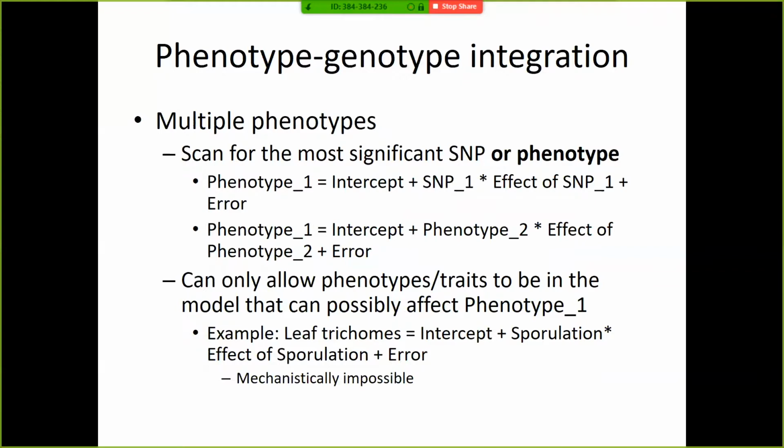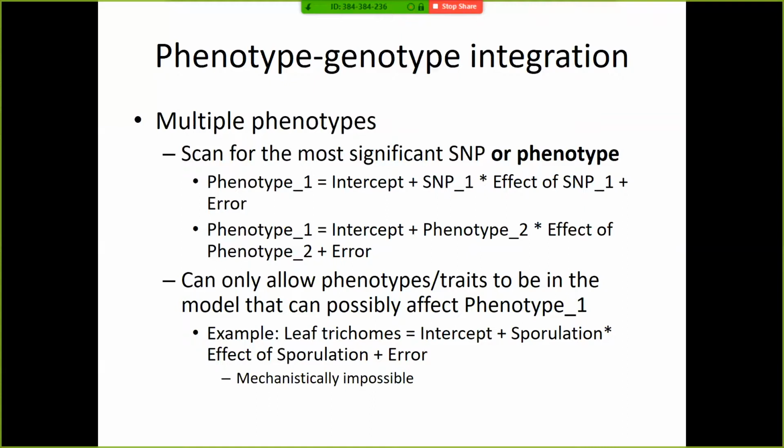So in order to understand how phenotypes affect phenotypes, or how SNPs affect multiple phenotypes, one thing we could do is adjust that prior method and simply scan for the most significant SNP or phenotype. And so you could end up with a model where phenotype 1 is the response and is explained by phenotype 2, for example.